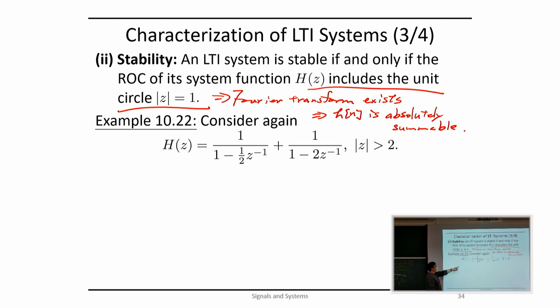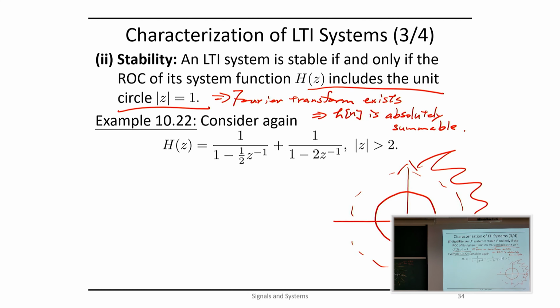So suppose you look at this example here. For this example, you actually have two poles, one at 1/2 and the other at 2. Now, if you say that the region of convergence is greater than 2, then obviously it does not include the unit circle. So suppose that this is the unit circle, this is 1, this is 2.